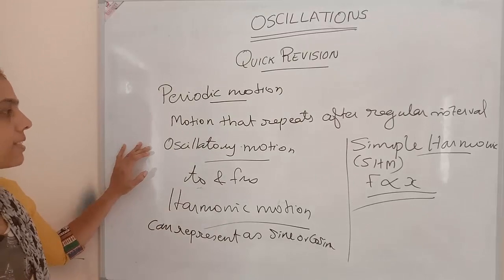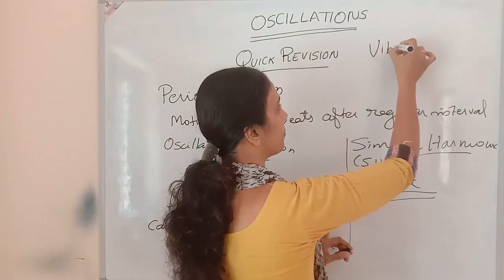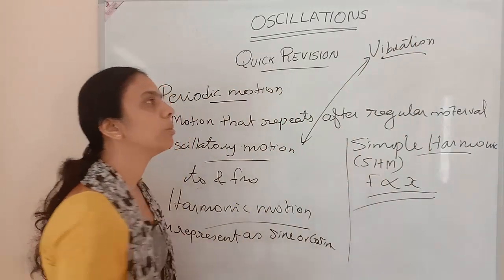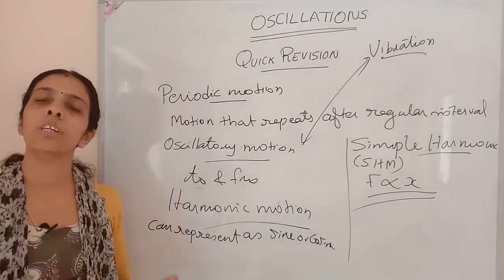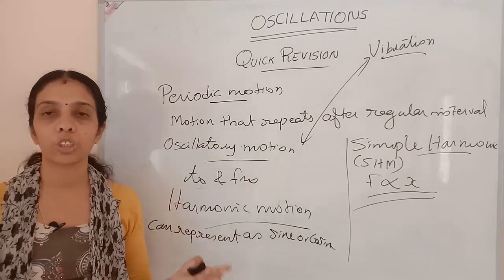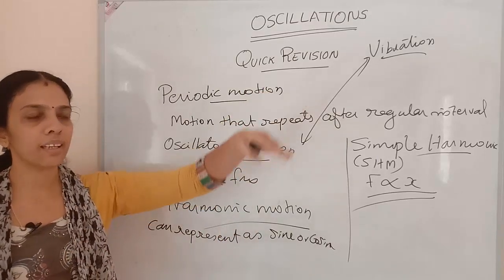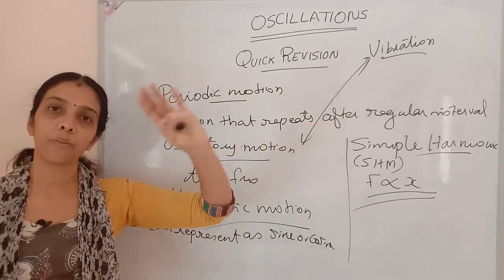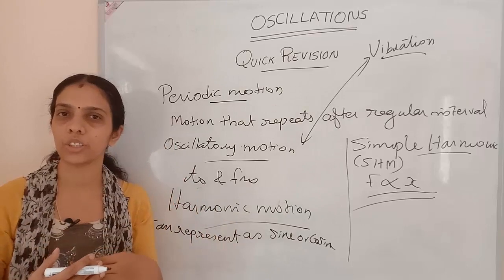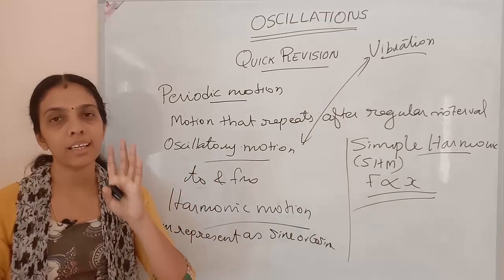So what will be the difference? Now, what is meant by vibration? Vibration is also a to and fro motion. So what is the difference between an oscillatory motion and a vibratory motion? Oscillation means the time required to complete one oscillation is more, but the time required for a vibration will be very less.